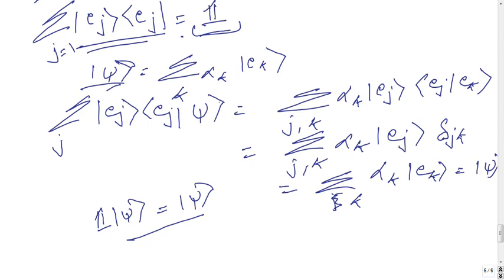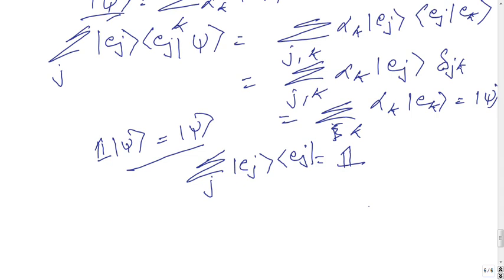So it is indeed true that this sum of outer products of all the orthonormal basis vectors with themselves is equal to the identity operator.